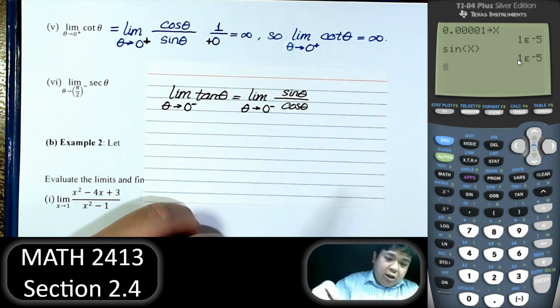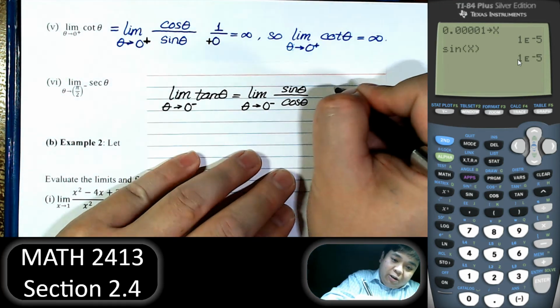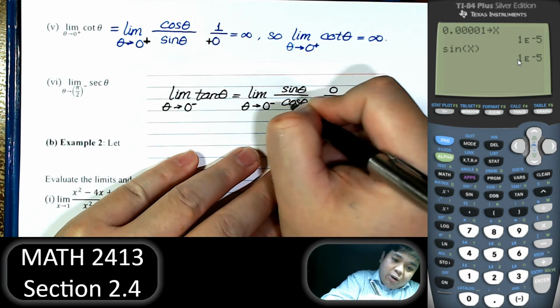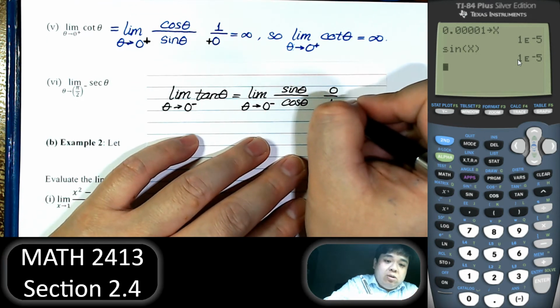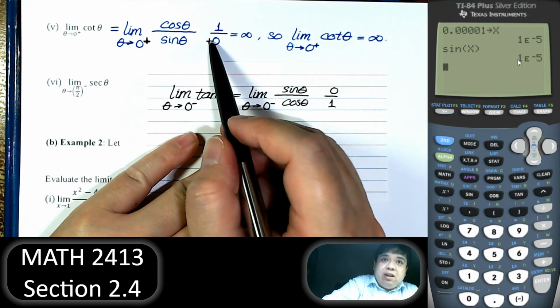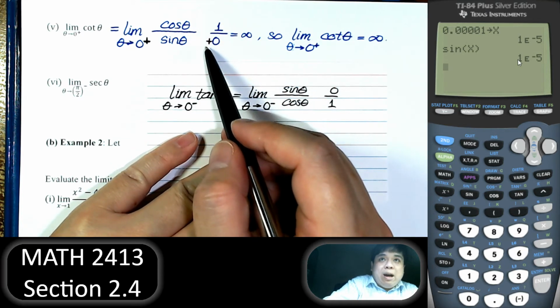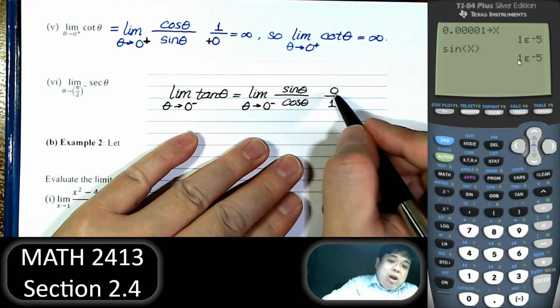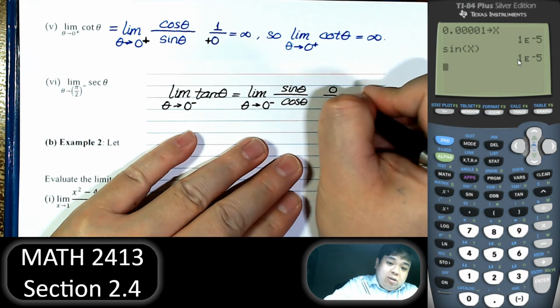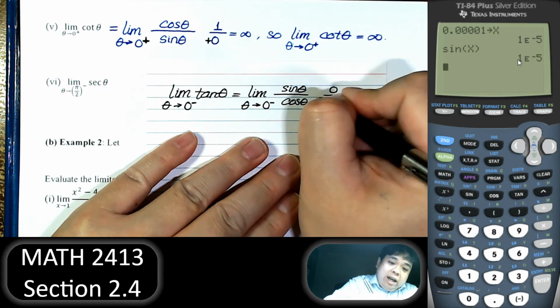And then we put in 0. Sine of 0 is 0. Cosine of 0 is equal to 1. Now we have 0 divided by something else. This is not what we have here. When we have divided by 0, we have to worry about whether it is positive or negative. But if we have 0 divided by something else, that is equal to 0, and we make that equal to.